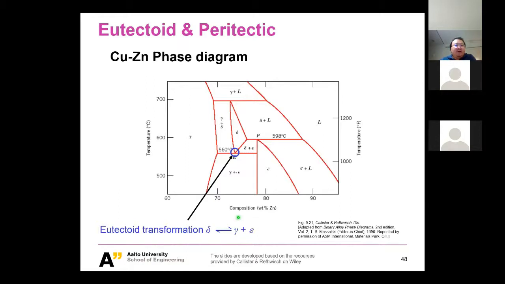Yeah. So as I told you yesterday, eutect means to melt, and oid, I think this is also a Greek kind of suffix, and I think it means a little bit like, yeah.